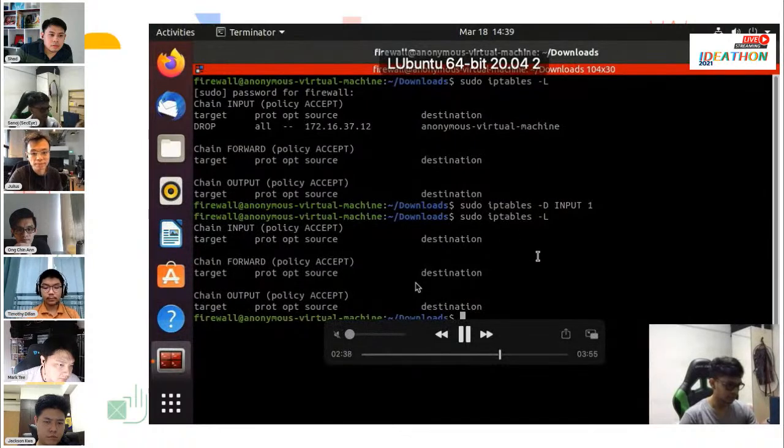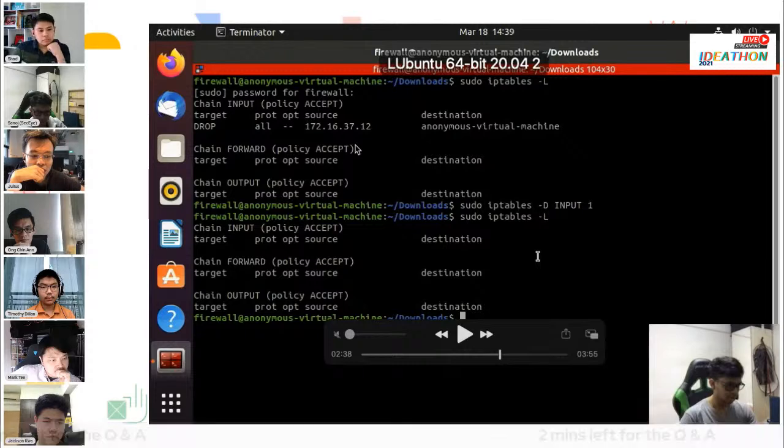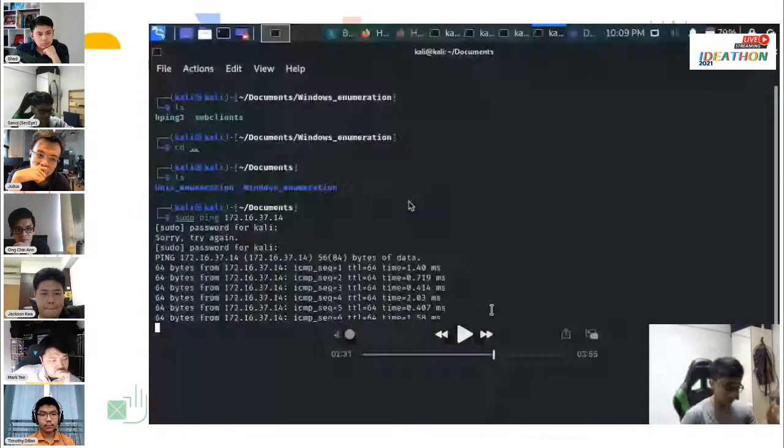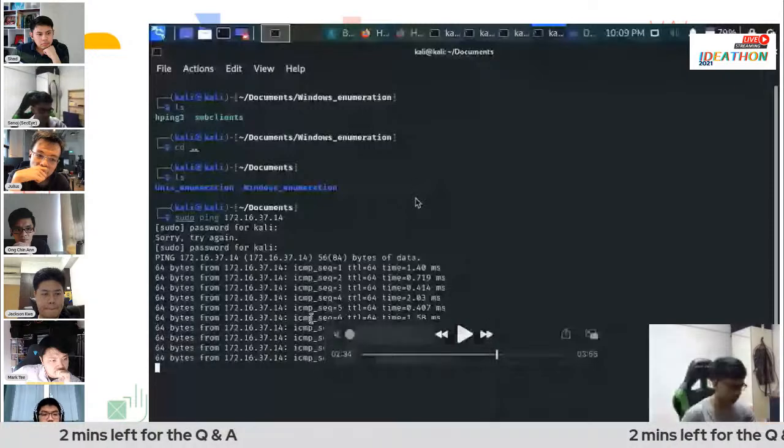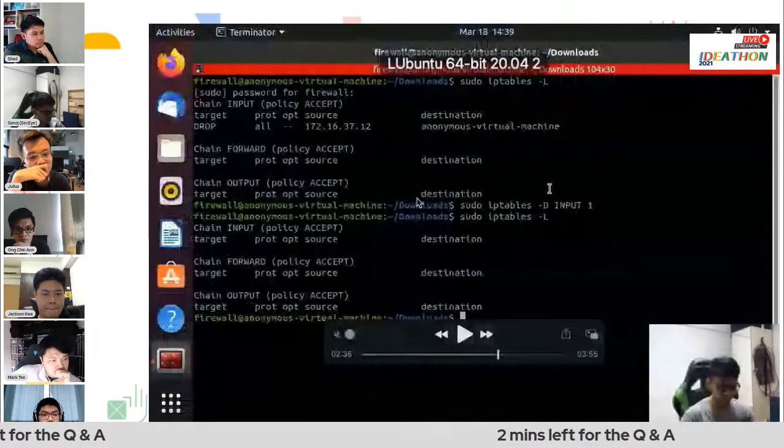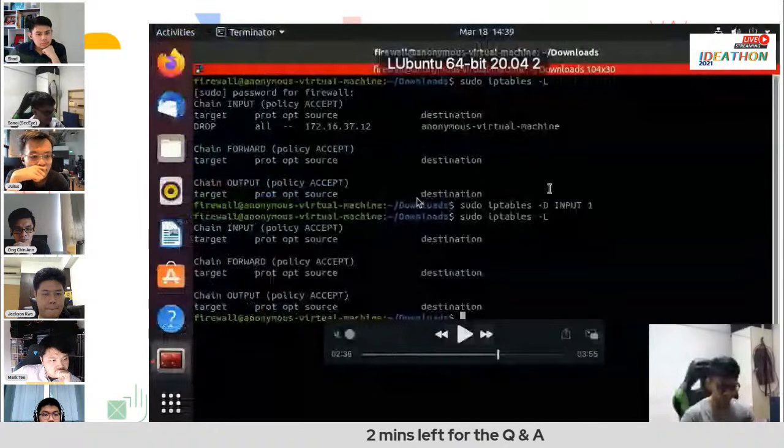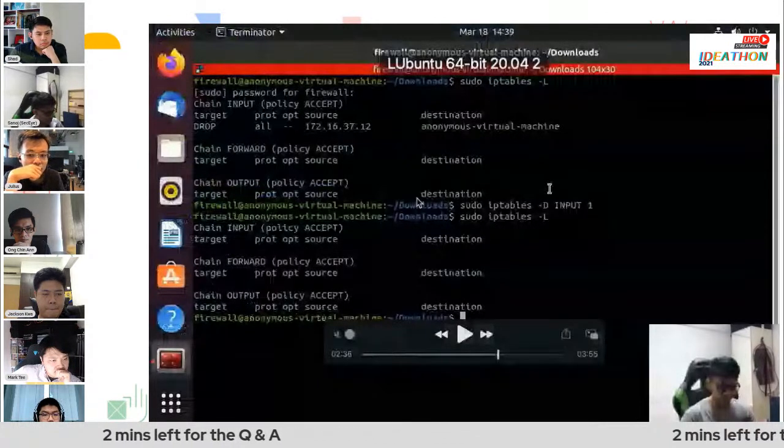All right, this is the server side. I use iptables, the firewall. First, I'm just pinging from the server side to the client side to show you that it's already awake. Then I change the rules from the client side to the server side, so they know how a firewall works.